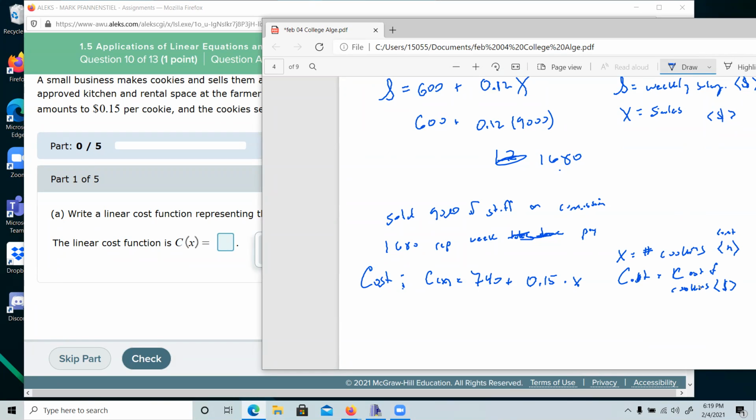Sometimes I like to put the units next to what the variables are. In this case, it's the number of cookies, so I'm just going to say n. There's no unit there, but the cost is going to be in US dollars. So there's my cost function.